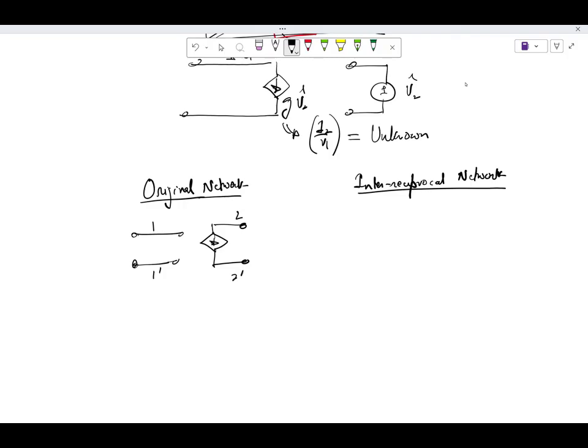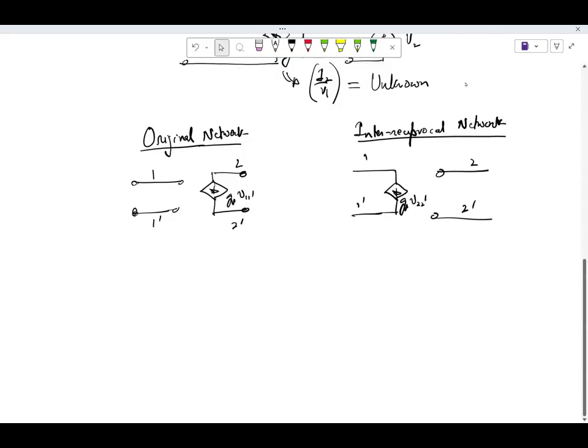This gets replaced with what? VCCS gets replaced with VCCS only, but with the flipped terminals, right? So this remains as is. So this is GMV1 1 dash. This becomes GMV2 2 dash.